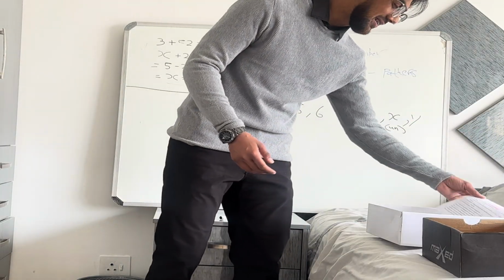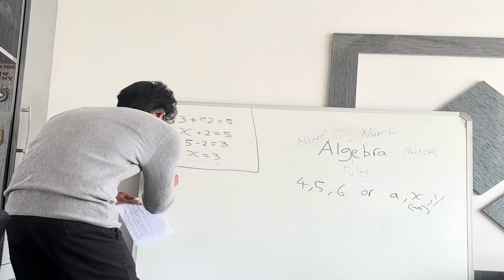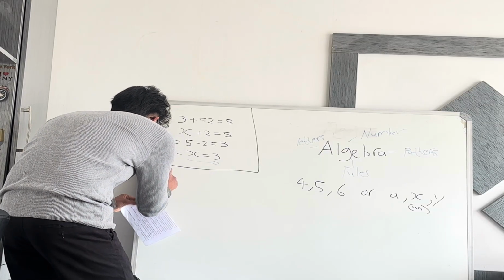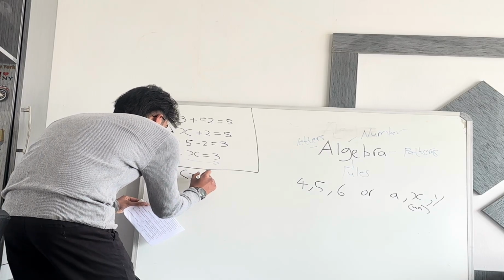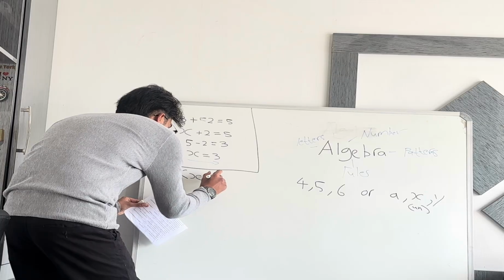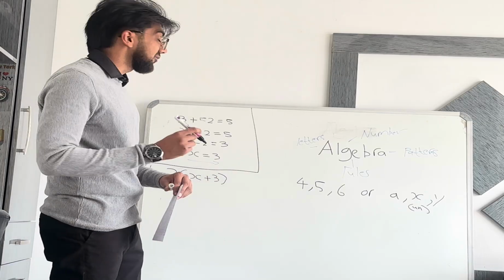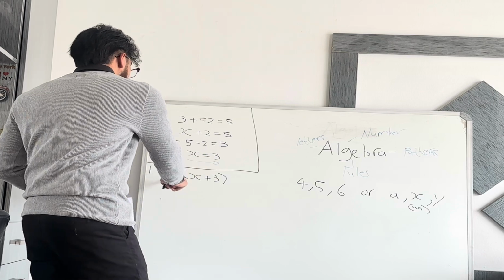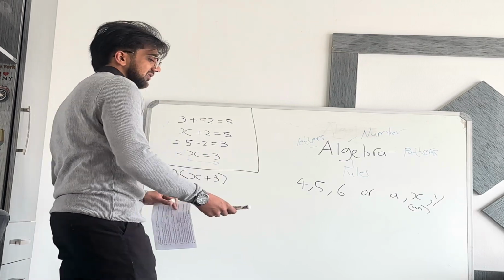They have like a secret code on it. So let me write the first code. So you'll notice the first code is 2 open brackets x plus 3 close brackets.